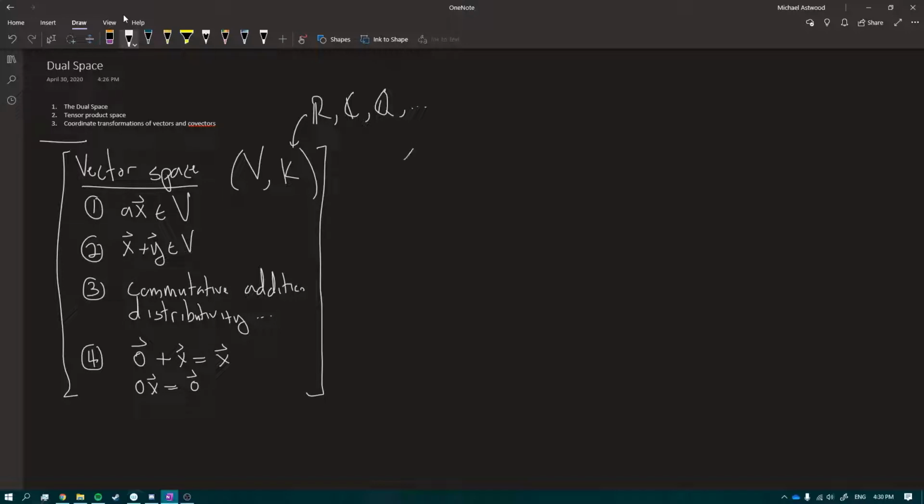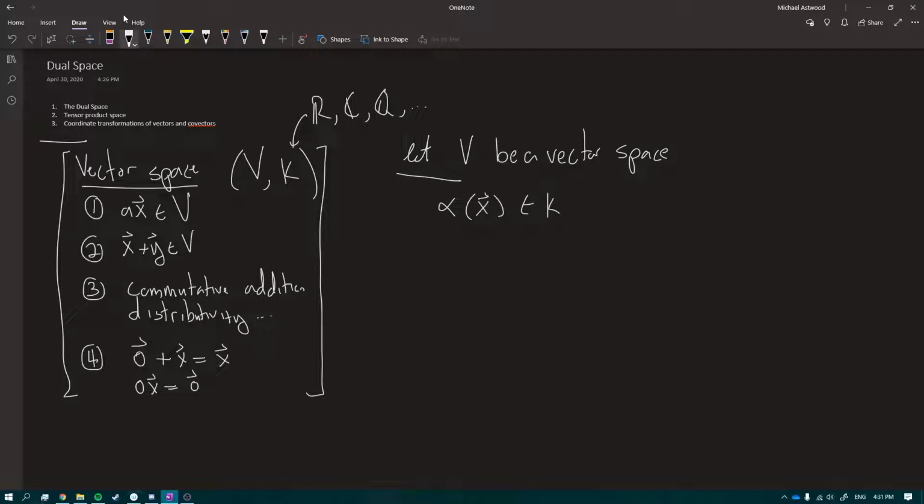So let V be a vector space, and let's consider some maps on V to R. If you have a map alpha, which takes in vectors and spits out numbers, then this map is called a functional.